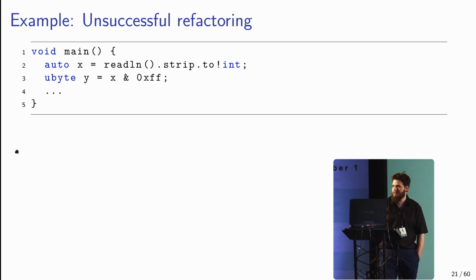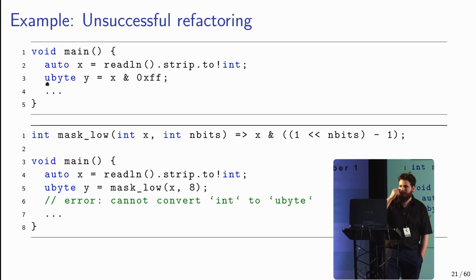So for example, here I'm taking advantage of value range propagation to put the lowest 8 bits of x into a ubyte y. Now I try to somehow extract this into a common pattern where we mask out a certain number of bits. And now it doesn't work anymore because maskLow returns int.